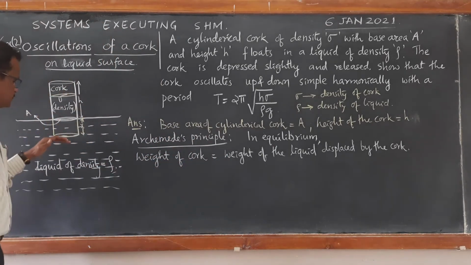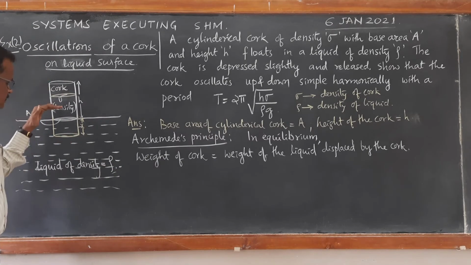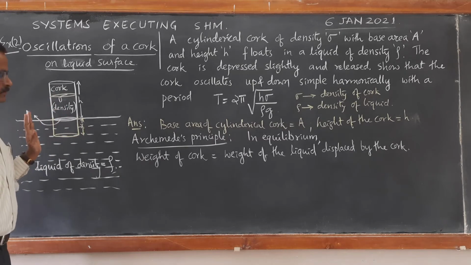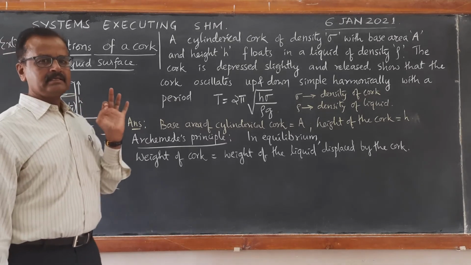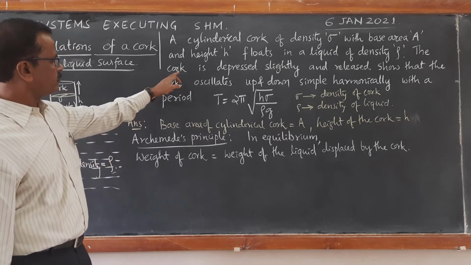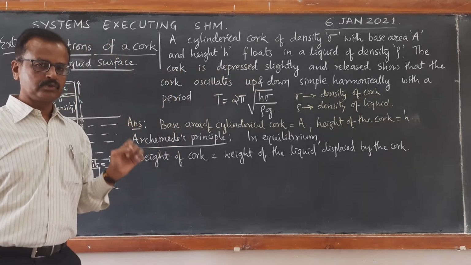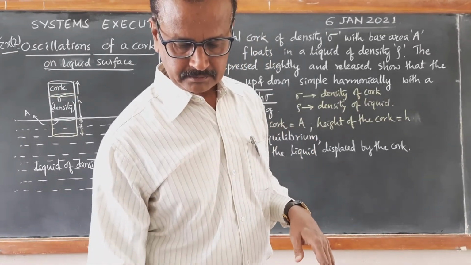As a result, when it is just depressed inwards through a small displacement x and released, the cork oscillates about the mean position. So let x be the slight displacement through the liquid. Then we can calculate the upthrust.